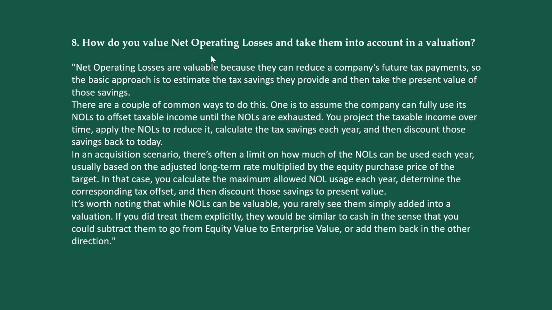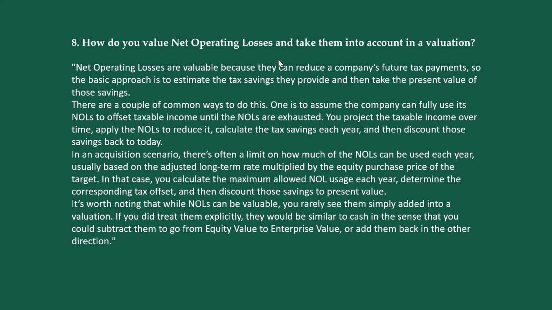So the first step is to estimate the tax saving that the NOL will generate. If we are to value the net operating loss, we will first estimate the tax saving that it will generate. This is done by projecting the company's taxable income over a number of years and applying the NOL to offset it.